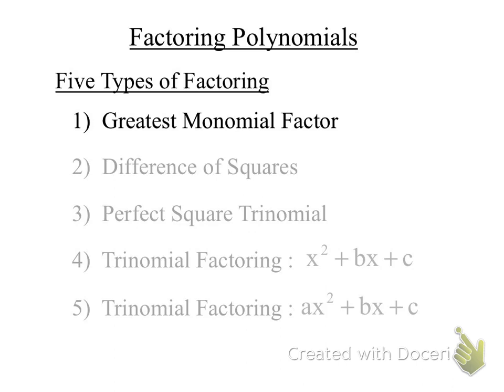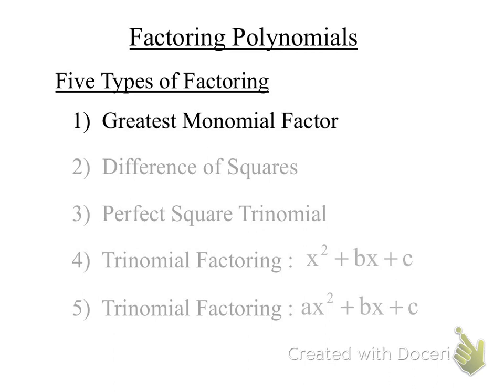Before, we did the greatest monomial factor. You've got a chart right over here, and I want you to follow it. It gives you the directions on what to do. We start with a problem. We look for a GCF. If there's no GCF, what am I left with? A binomial, trinomial, or more than 3 terms?